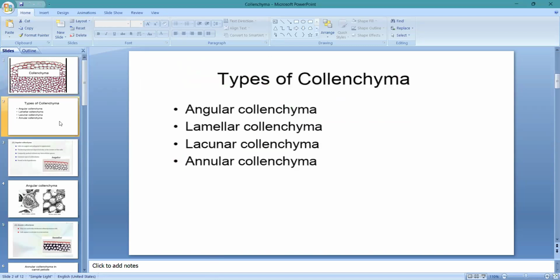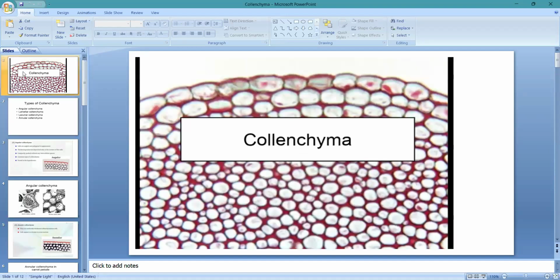Okay, coming to the second one, collenchyma. Collenchyma is a special type of parenchyma having cells with thick walls at the corners. It occurs typically as a mechanical tissue in the hypodermal region of herbaceous stems, leaves, and floral parts of the dicotyledons.